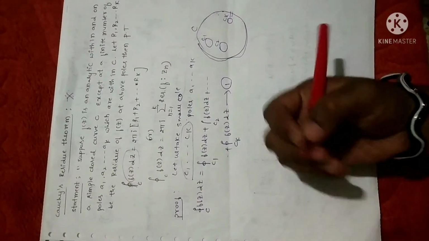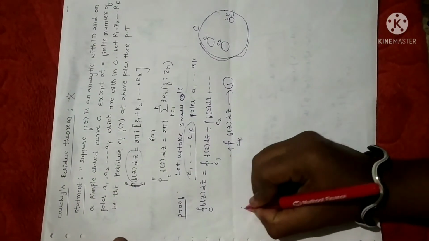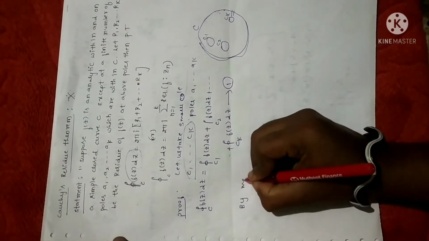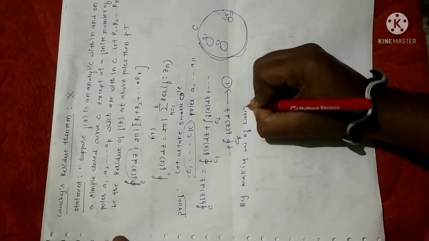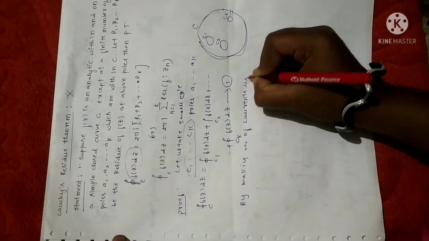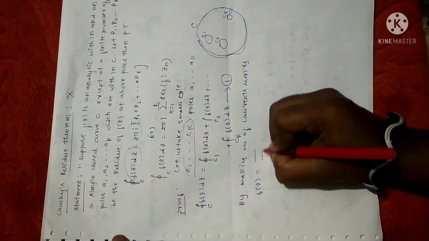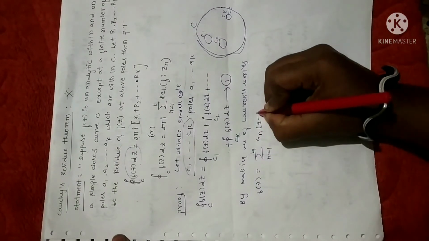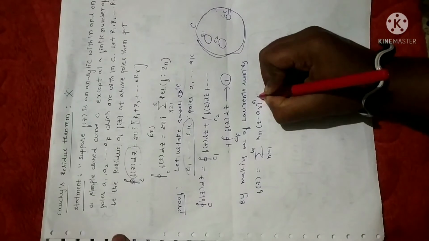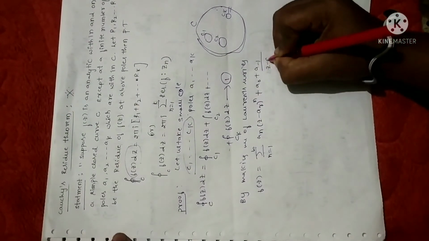Fine. I have already explained the concept of Laurent series expansion. Now I am making use of that expansion. So what is the Laurent series expansion around the curve? It is given by f of z equals the sum over n equal to 1 to infinity of an into z minus ar power n, plus I am going to split the term a minus 1, that is the principal part, and the analytic part.